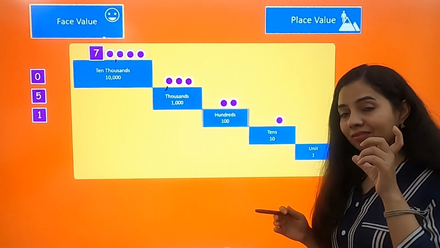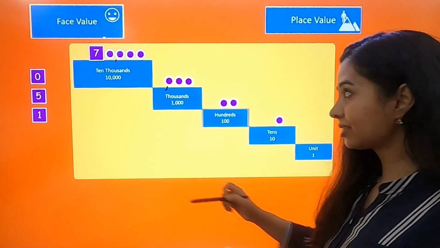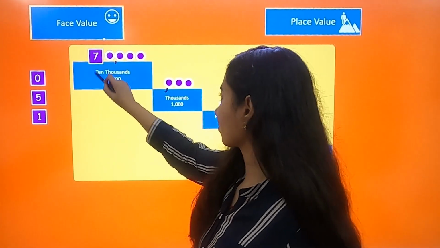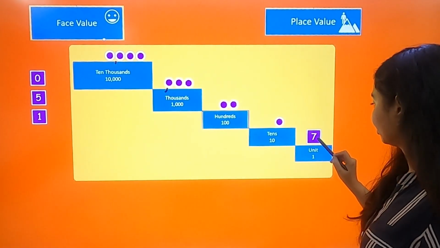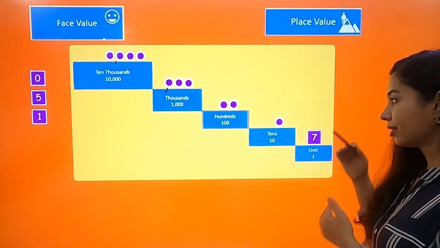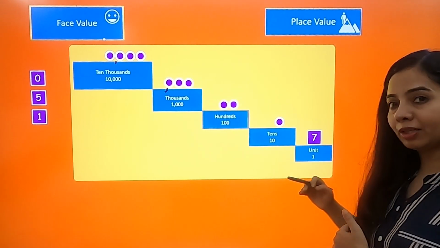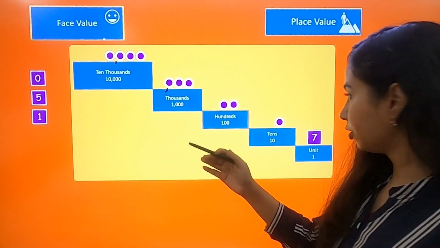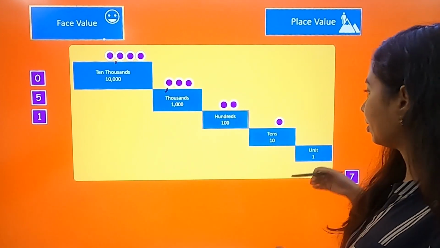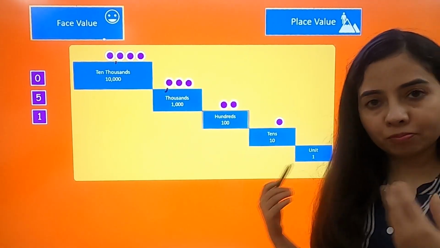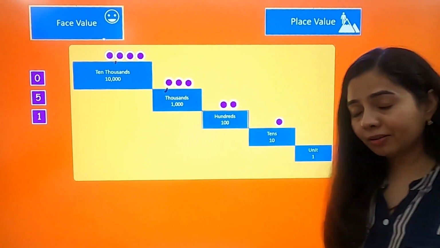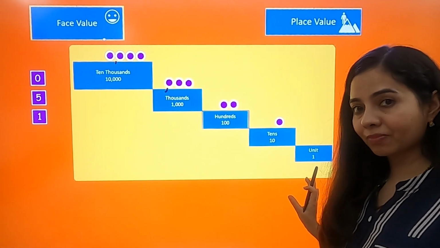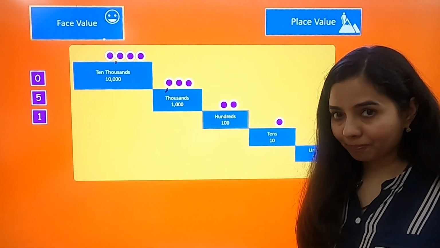And you might have noticed one thing more, that this is one place, units place, where the face value and the place value of the digit remain the same. No matter if you put 7 or 1 or 5 or whatever digit we put here, the place value and the face value at units place will remain the same.